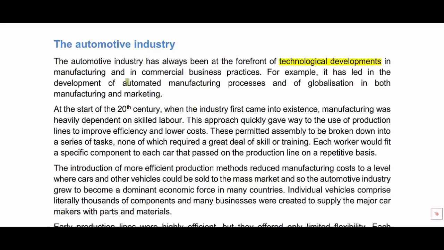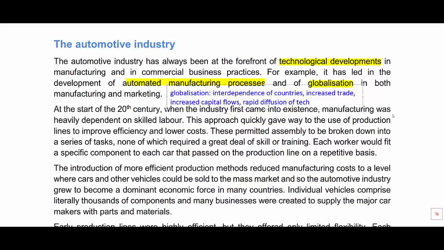So they've led the development of automated manufacturing processes, and they've been at the forefront of globalization, again relating to both manufacturing and marketing.